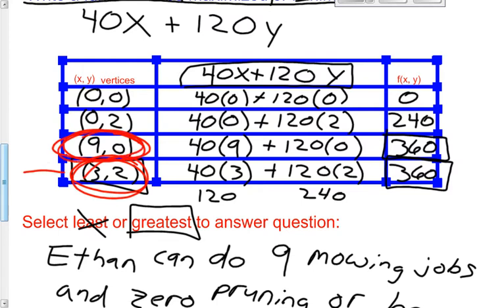Maybe he'd want to do this one instead. Maybe it changes from day to day. Maybe one of his crews likes consistency. In that case, they would want to do these 9 jobs over and over again because they're good at it. Maybe another one of his crews likes a little bit of variety. In that case, they'd want to do a little bit of both. They'd want some pruning and some mowing. So it all depends on, I guess, the personnel that you have and what your interests are.